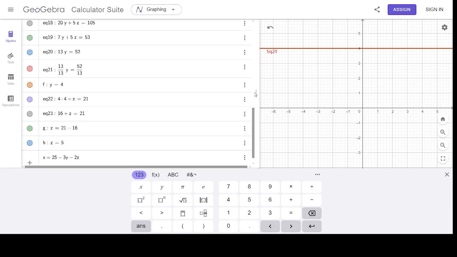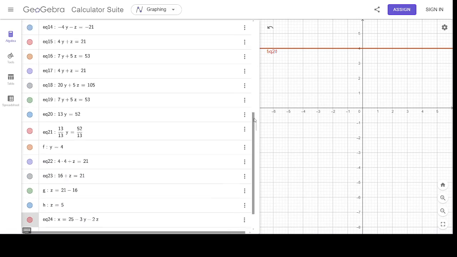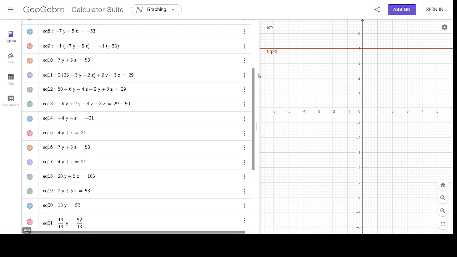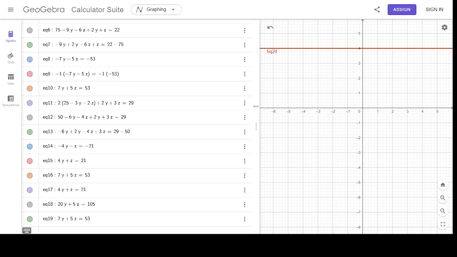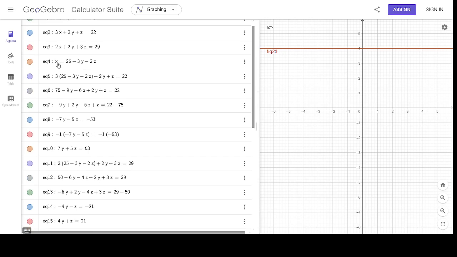You get it? It's here, our first equation, the one where we isolated x: 25 minus 3y minus 2z.